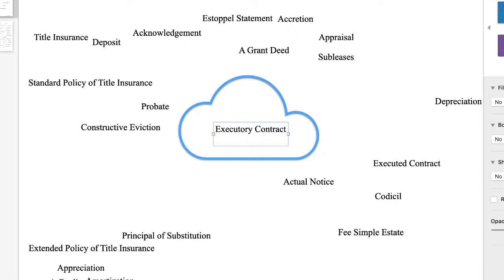Executory contract. That is a contract that is not done or complete. What do you call the contract that is complete? What do you guys think? What do you call the contract that is completed?